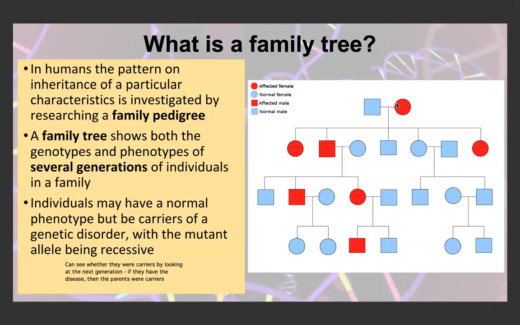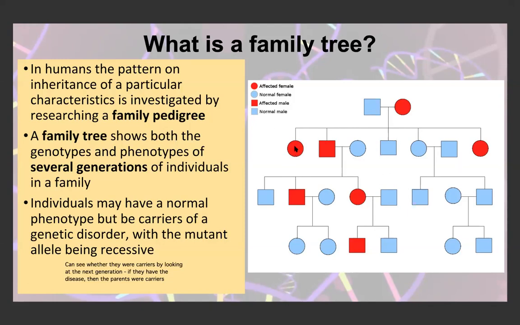This would mean that the female is homozygous recessive for the disorder and the male is either heterozygous, so a carrier, or homozygous dominant. We don't know. The question is, for example, let's figure out what this male is. Is he heterozygous? Is he homozygous dominant? And we need to look at the children to figure that out.